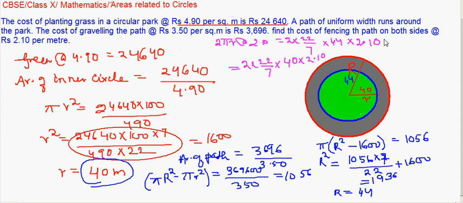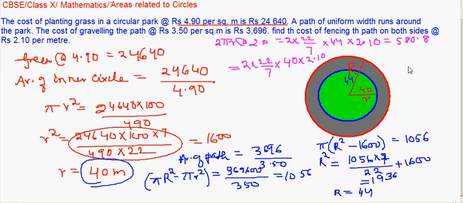Let me just calculate: 2 into 44 into 2.10 by 7. I'm getting 580.8. Also you could have added them together as a formula and then started doing it.